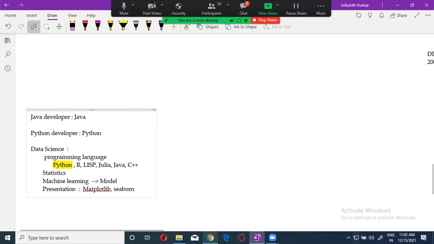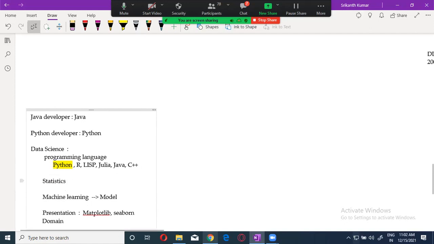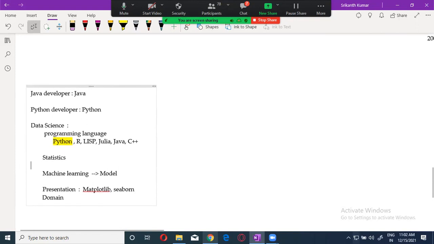Okay. And then lastly, you should have domain knowledge. What do I mean by domain knowledge? See, I was saying that in data science you should get the right data, I was saying that from the start. Now, when I say right data, how will you know which one is right data and which one is not? When you have a bit of understanding about that industry.